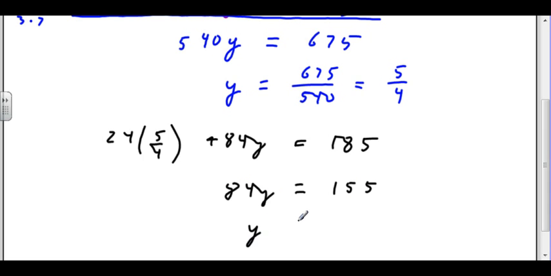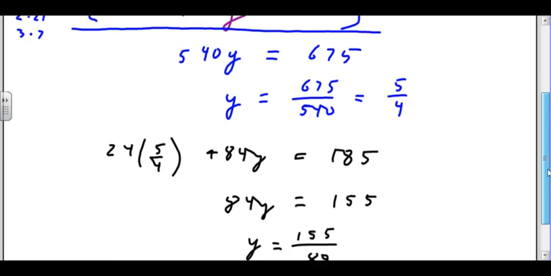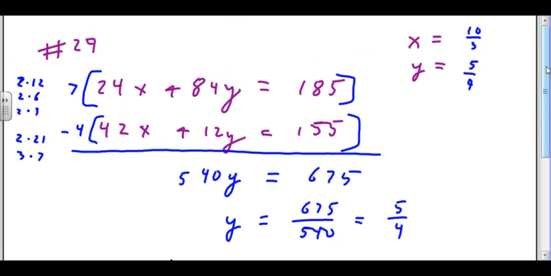Y is equal to 155 over 84. 155 divided by 84. Doesn't look good. 155 over 84. Now, we know that that's wrong.